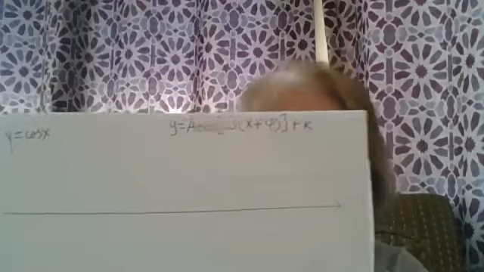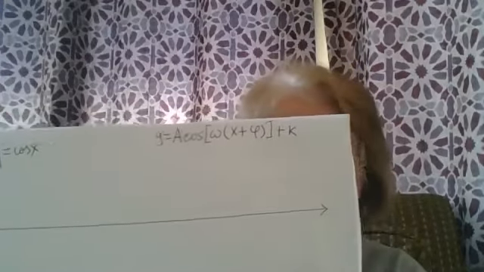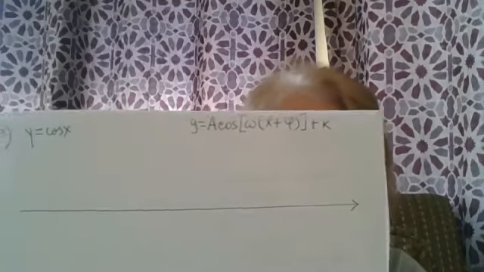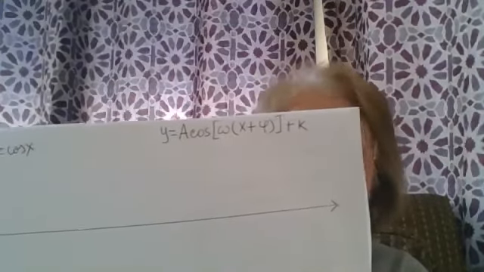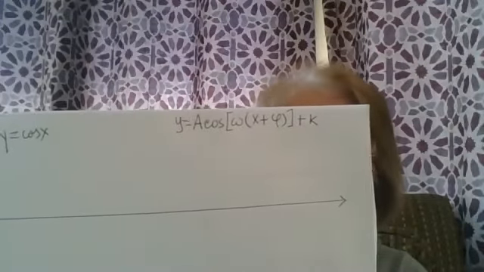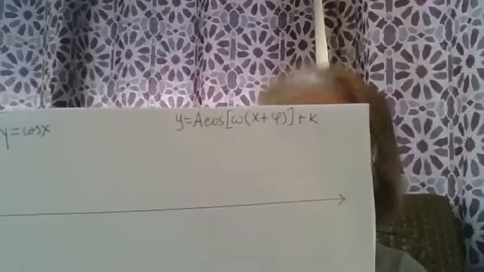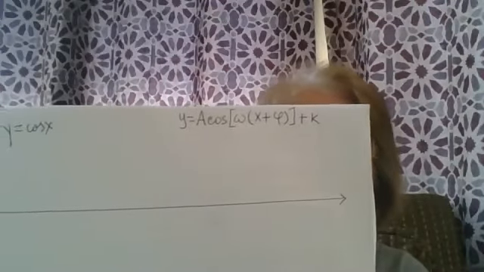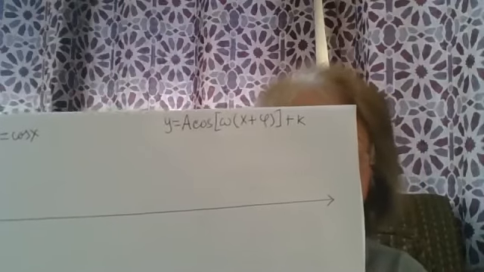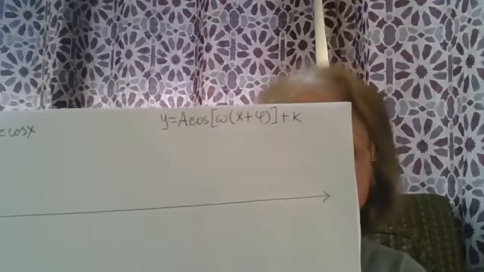And all these parameters play absolutely the same role as they played for the family of sines. A is in charge of the amplitude, omega is responsible for the period, C is responsible for the phase shift, and K is responsible for the vertical shift and for the midline.